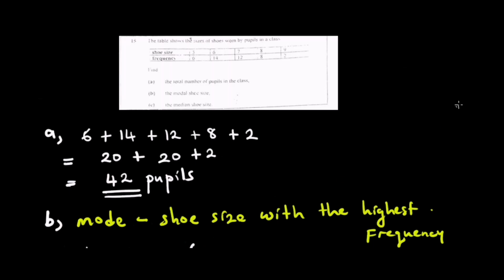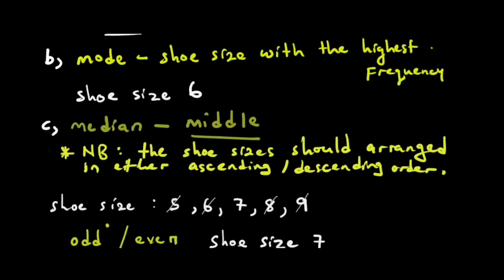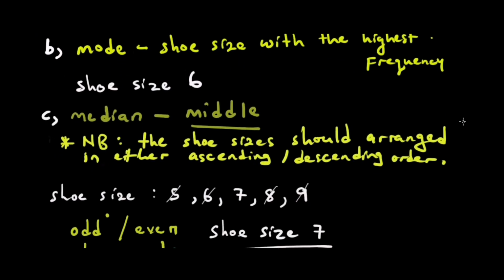B wanted the modal shoe size. We saw that the mode, in terms of shoe size, is the size with the highest frequency. Then we checked our table and saw that the highest frequency is 14. So the shoe size associated with 14 is 6. That's why we got this answer, shoe size 6.